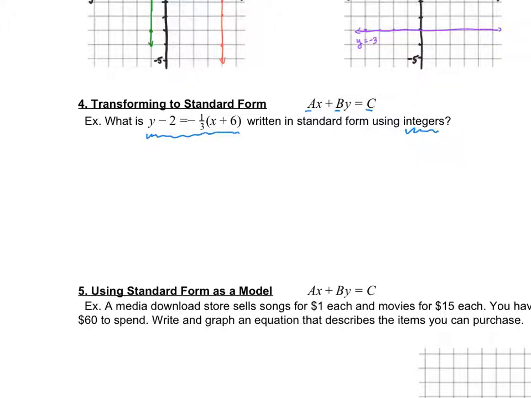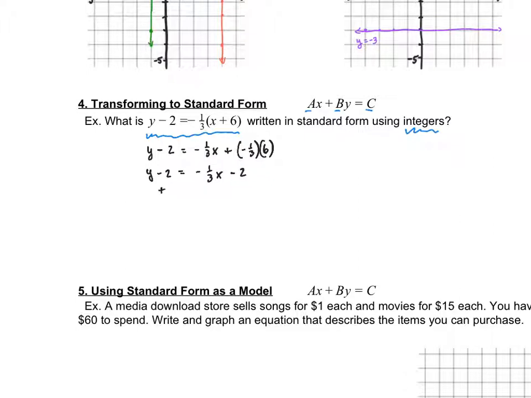Converting that, let's go ahead and do some distribution, combine like terms, and move our x and y over to the left side and make it equal to the constant. I just said a lot, but I think in the end it won't be too difficult. If I rewrite this after the distributive property, I have -1/3 x plus -1/3 times 6, and I get y minus 2 is equal to -1/3 x minus 2.